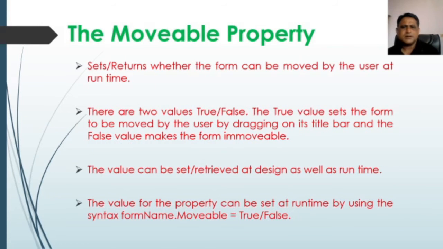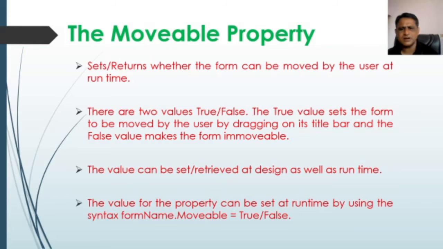So the movable property. This property sets whether the form can be moved around the screen by the user with the help of mouse or with the help of keyboard. If you set this movable property to true, at runtime the user can drag the form by holding it on the title bar with the help of mouse and drag it to any place on the screen.